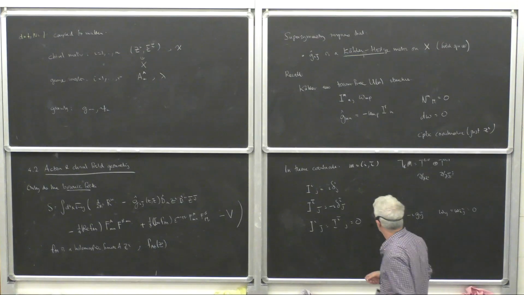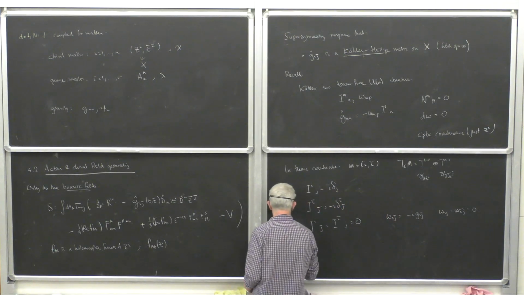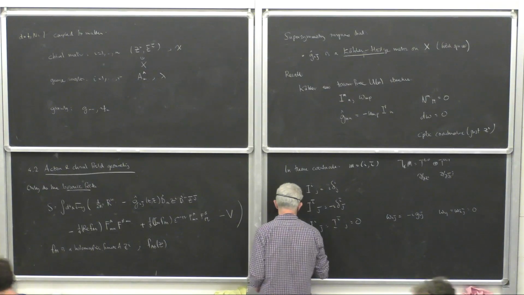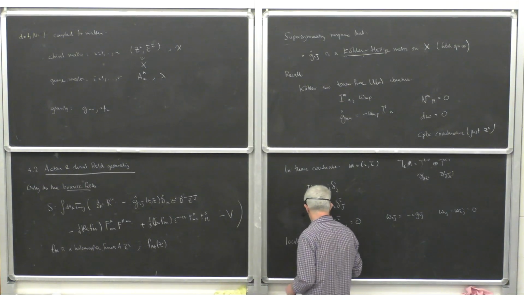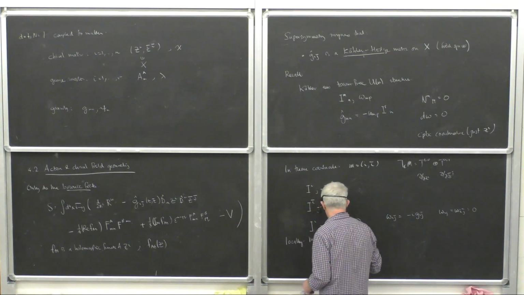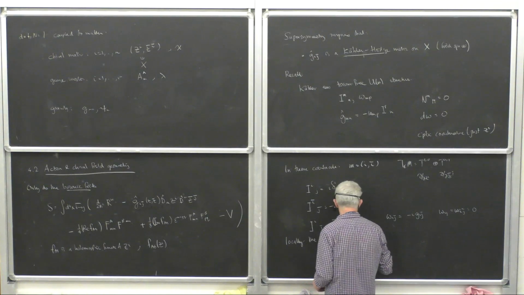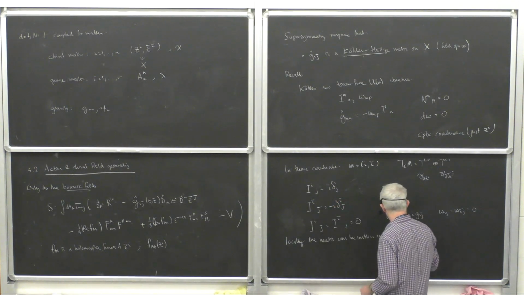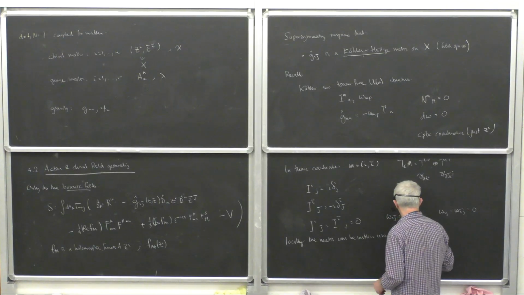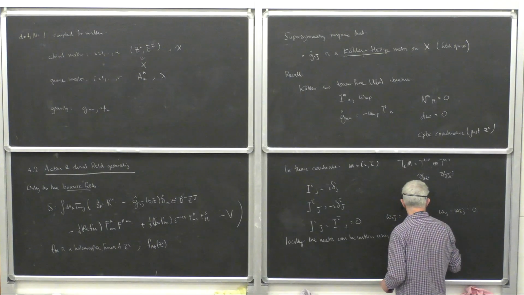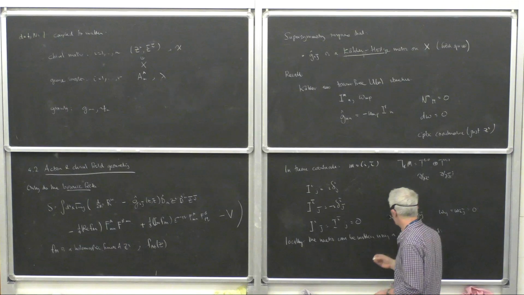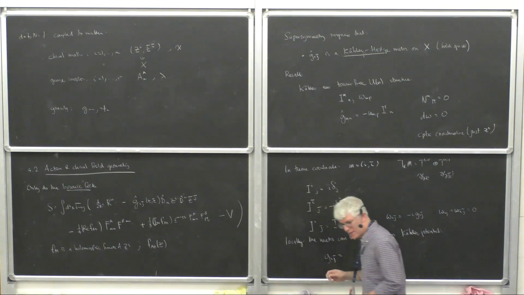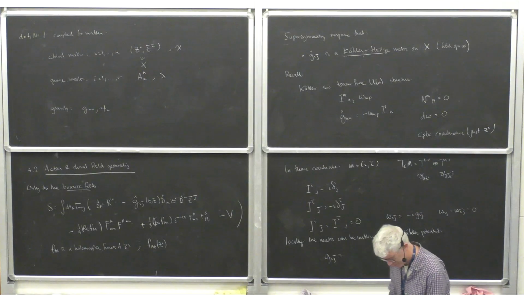And actually, locally, the metric can be written using what's called the Kähler potential. So locally, you can always write g i j bar as two derivatives of some function.